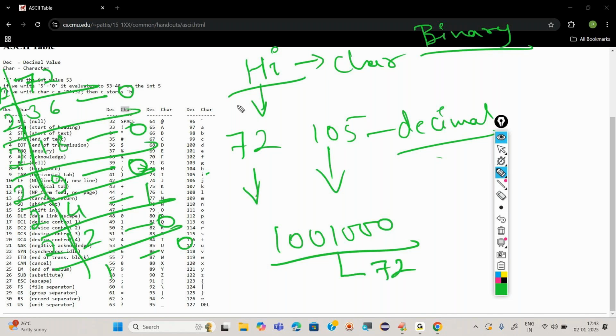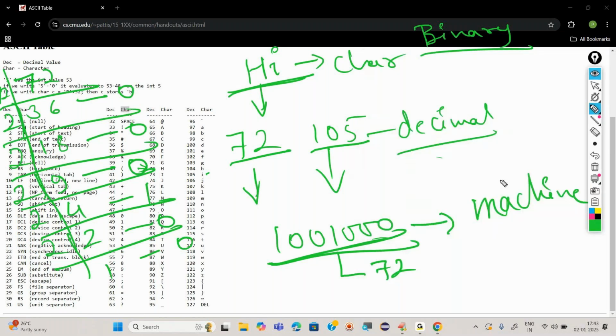We have given a character, this character is being converted into a decimal value, and this decimal again is getting converted into binary. Now this is only understandable by the machine, we can't understand this.